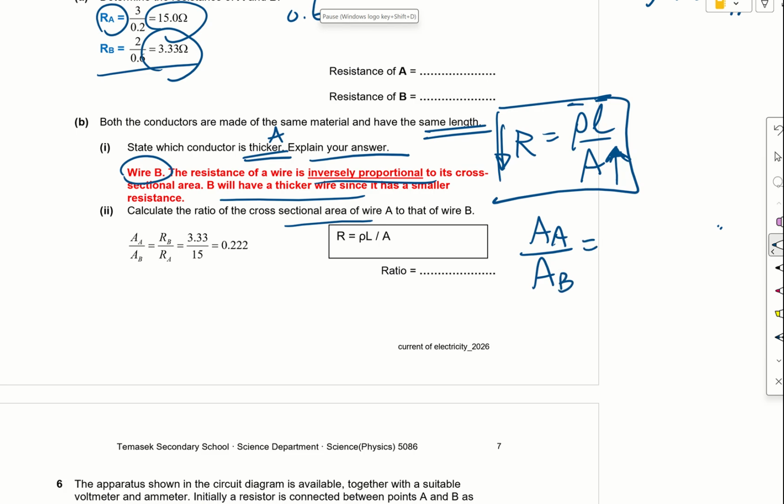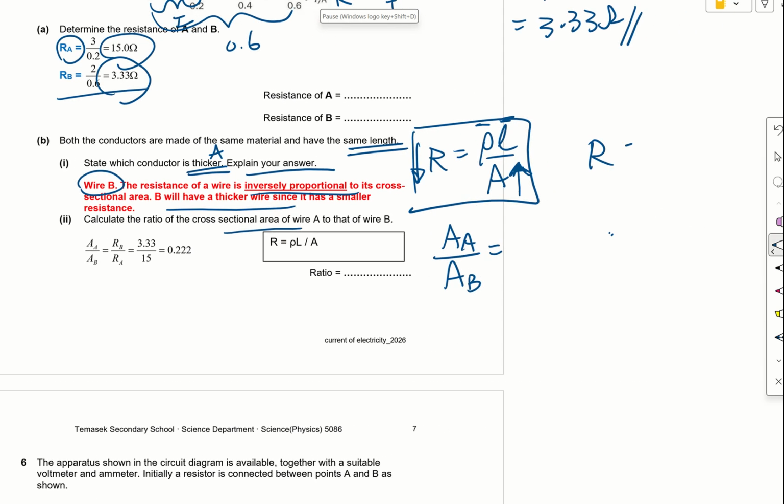Now R equals rho L over A. Because they have the same length, I don't need to consider the length. Because they have the same resistivity, I don't need to consider the resistivity. Okay, so can I say that R times A equals 1, right? Because I don't need to care about them. I just bring this over, RA equals 1.